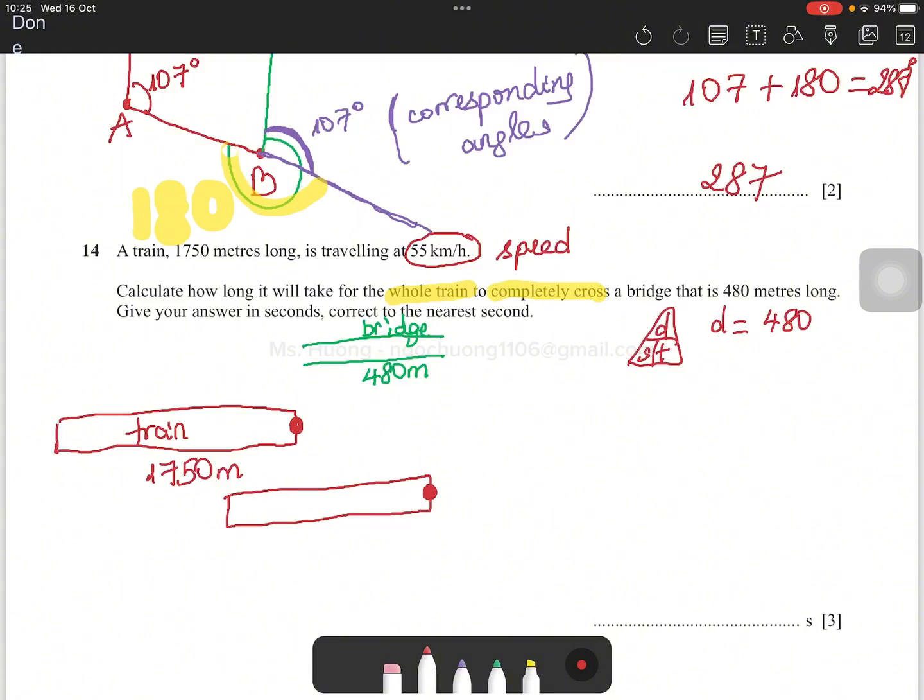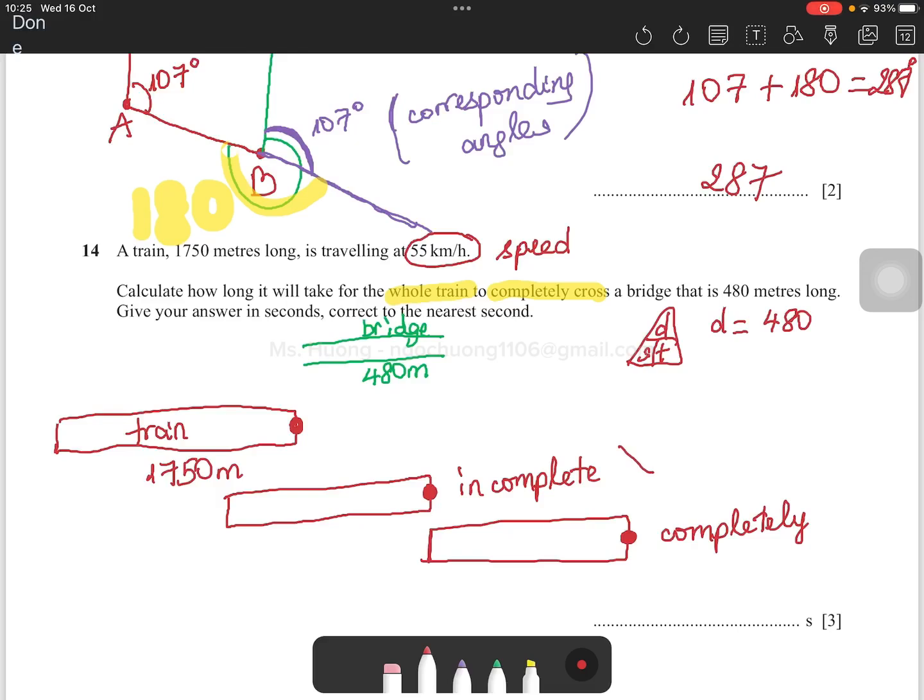If the train wants to cross the bridge completely, the train should be here. This one means the train completely crosses the bridge, and this one means incomplete. So we don't accept this one, but we choose this.